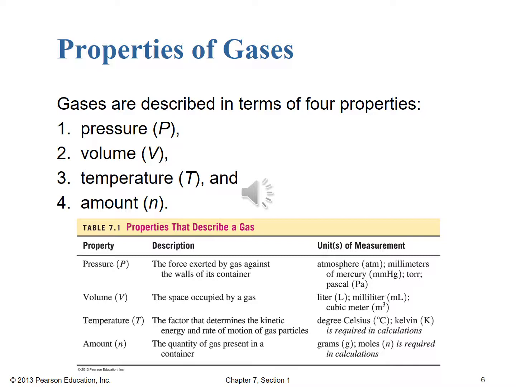There's temperature, which we just mentioned in terms of average kinetic energy. And then finally the amount, the number of moles of the gas present. And so those four features are what we're going to spend the next several sub-chapter topics discussing. So table 7.1 there gives a nice summary of those properties that describe a gas and also the units of measure when we get into the math of chapter 7.